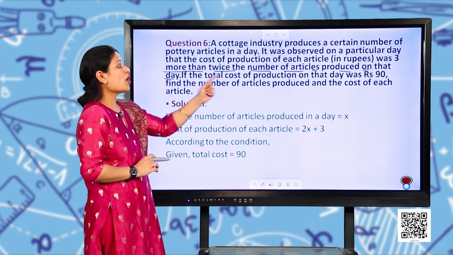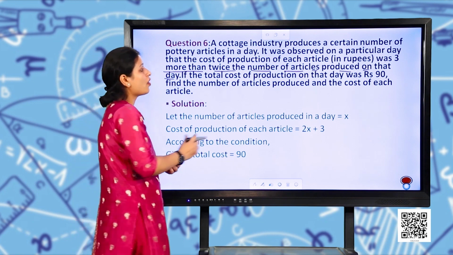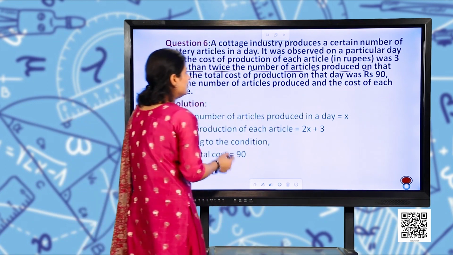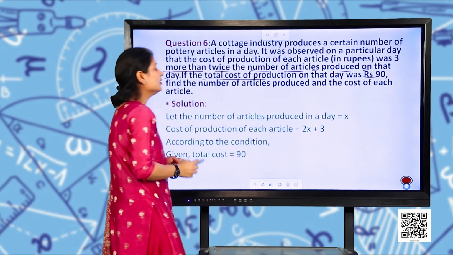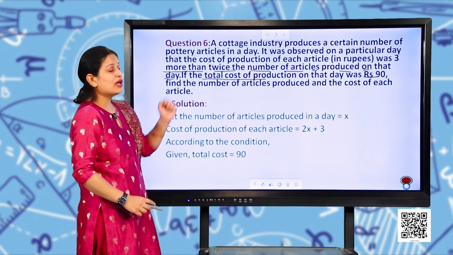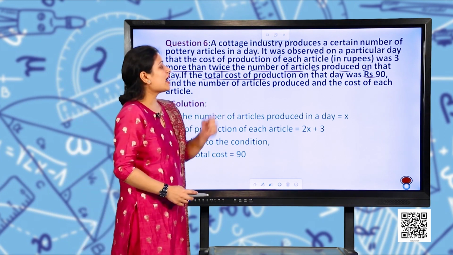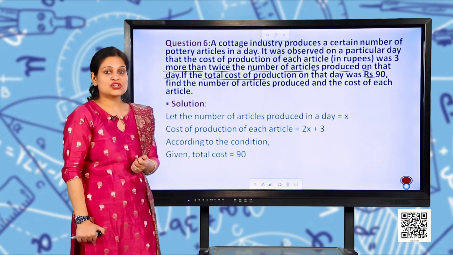If the total cost of production on that day was rupees 90, so total cost of production is what? Rupees 90. Find the number of articles produced and the cost of each article.